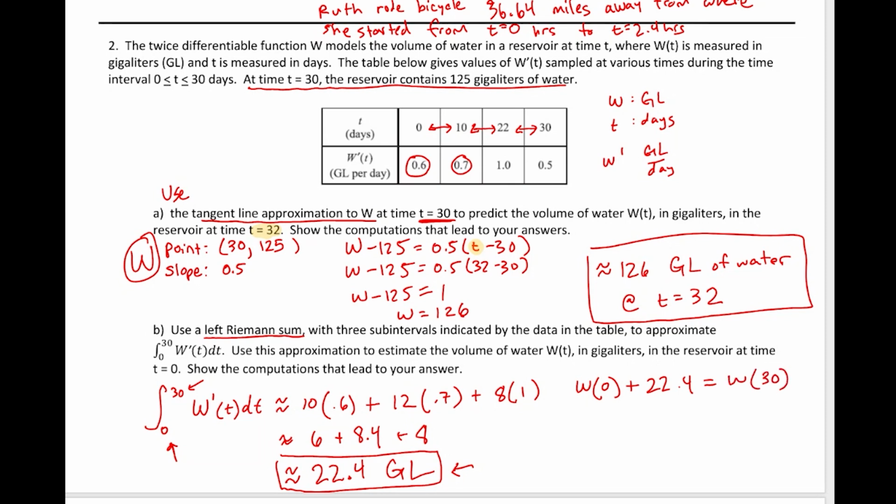Time equals 30. Now they told us how much water was in the reservoir at the end of this scenario. It was 125. So we can use this to find the amount of water that was in the reservoir initially at time 0 by just subtracting 125 minus 22.4.